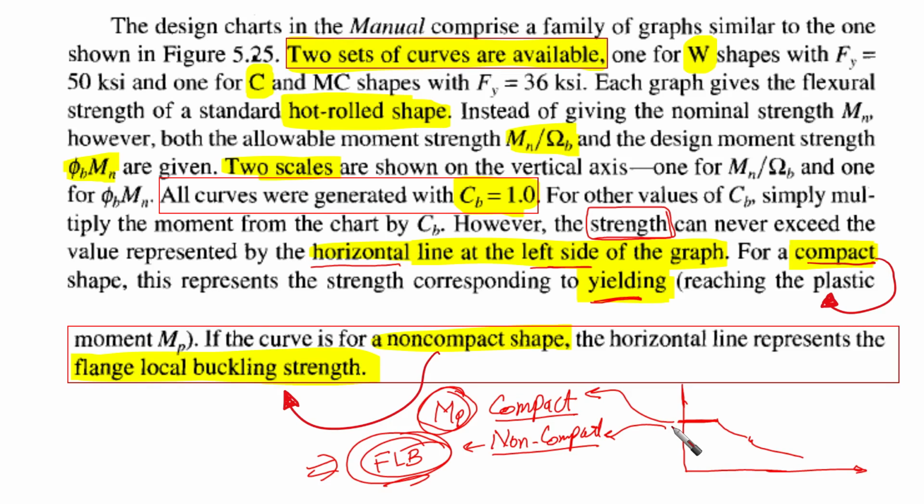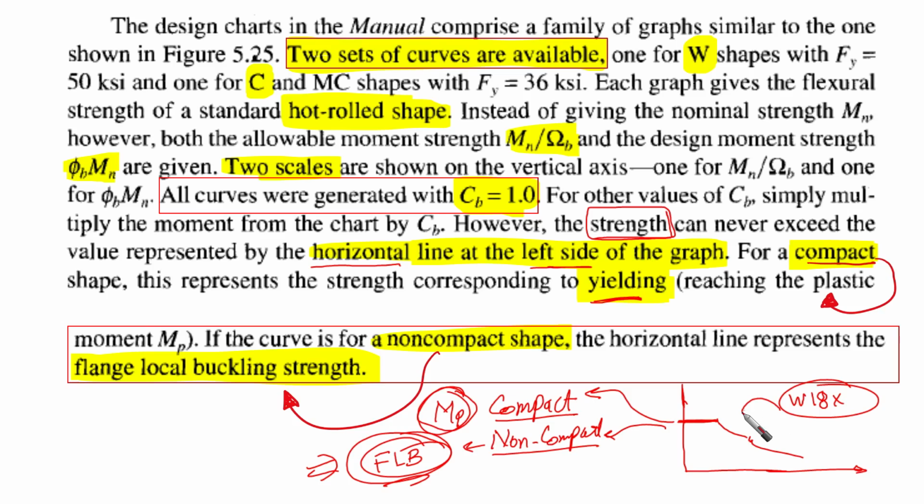You are not going to find on the charts or in the curves whether this shape is compact or not. They are not distinguishing or giving any hint about this. You need to know whether your shape is compact or not from the other tables.